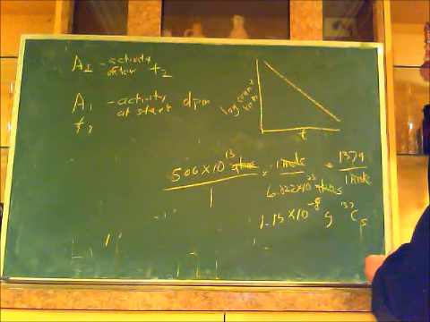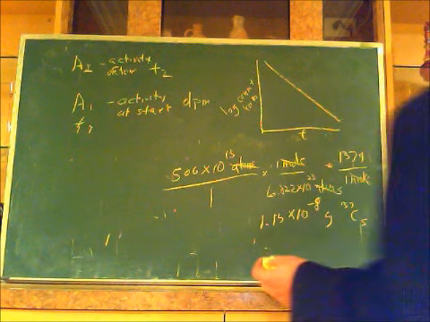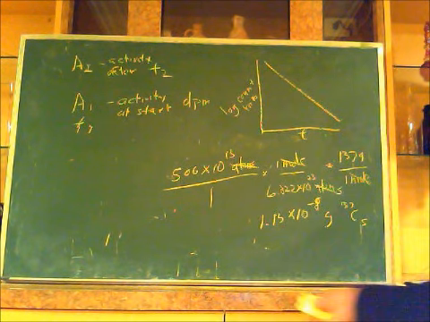So there's an example there to calculate the specific activity of xenon-133, and we get 1.87 times 10 to the 5th curies per gram when you do the calculations.